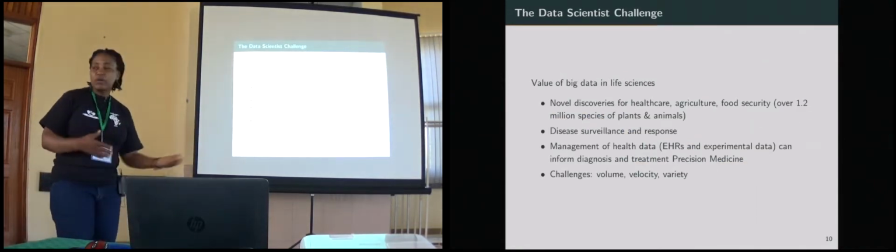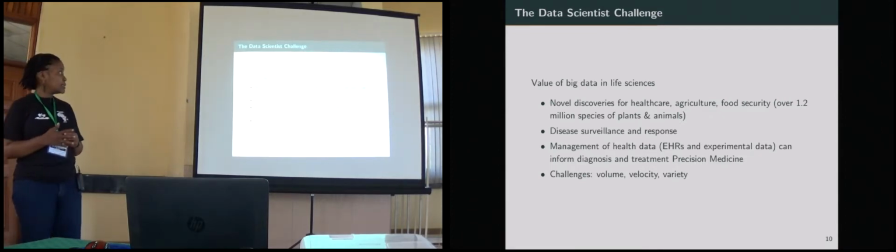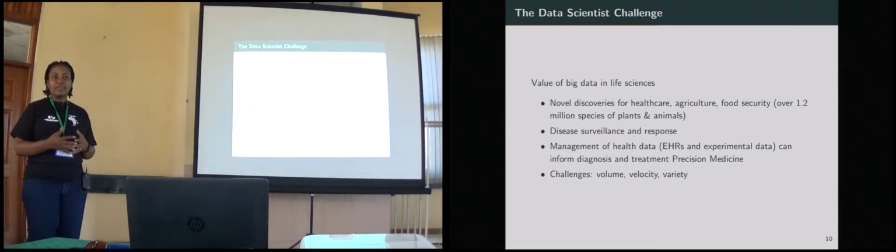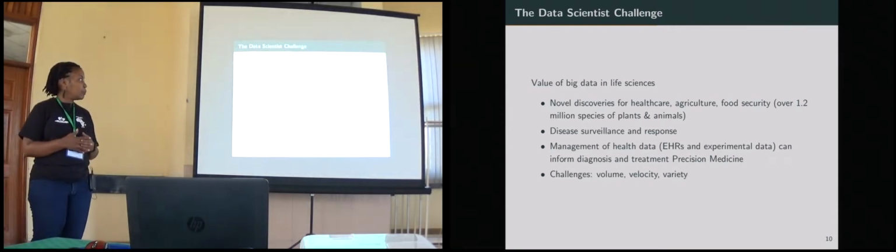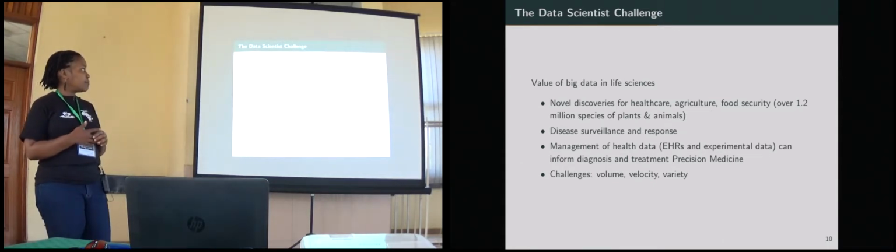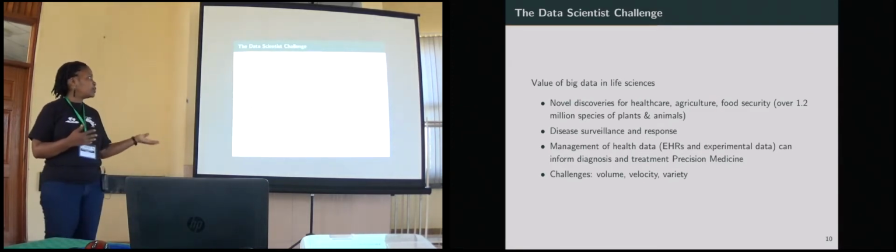And when you look at the domain of life sciences, there is a demand, and there are various big data challenges in that domain. For instance, we have novel discoveries in the various sectors of healthcare, agriculture, and food security.